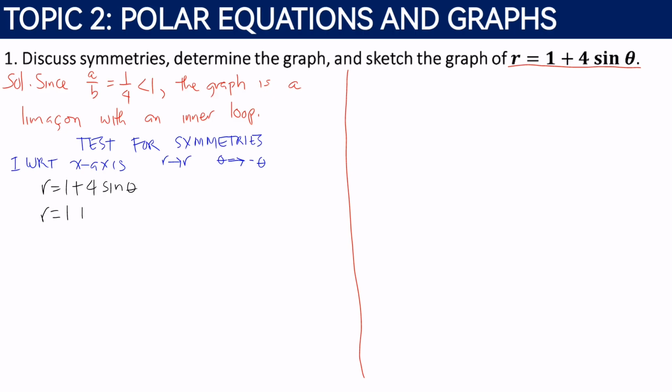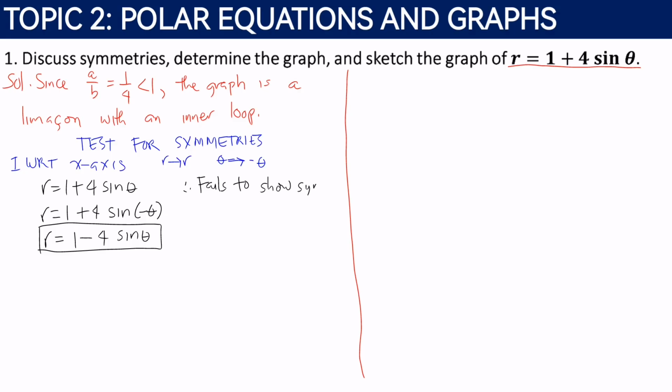So r is equal to 1 plus 4 sine of negative theta, which can be simplified as 1 minus 4 sine of theta. As you can see, the resulting equation is not equivalent to the given. Therefore, the test fails to show symmetry with respect to x-axis. Let's check symmetry with respect to y-axis.